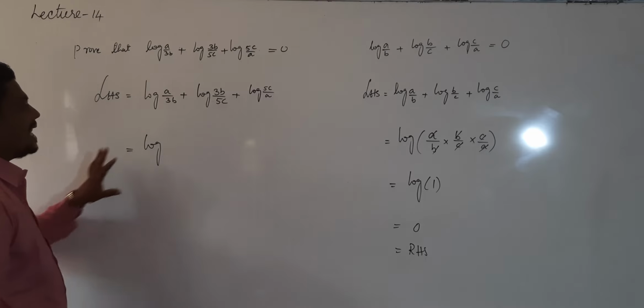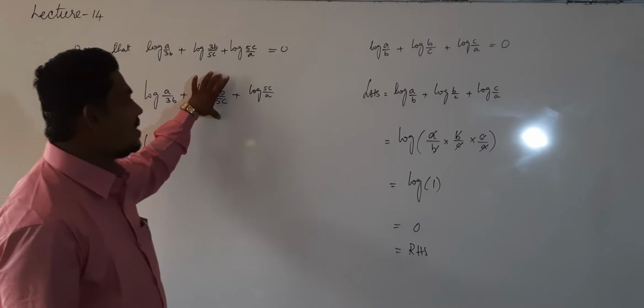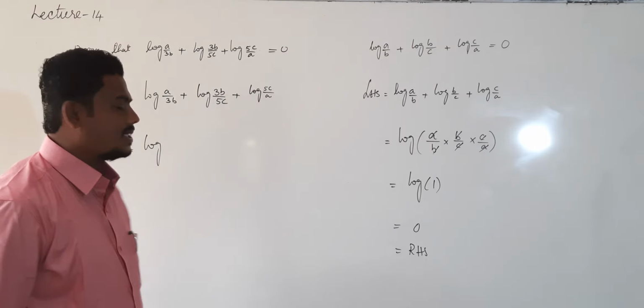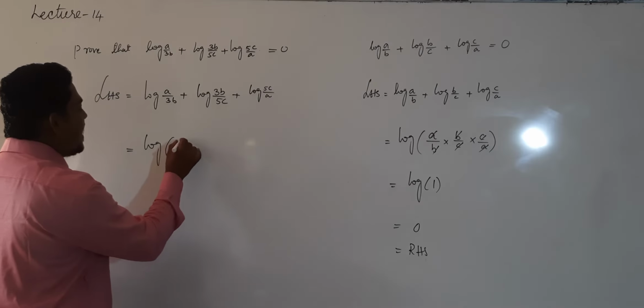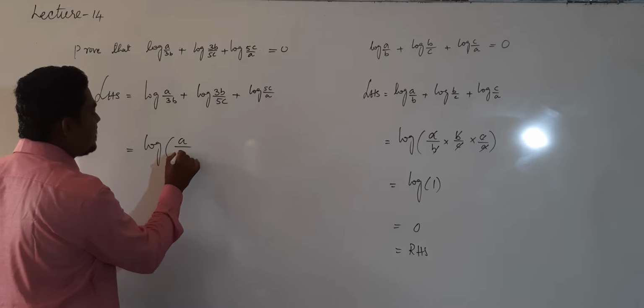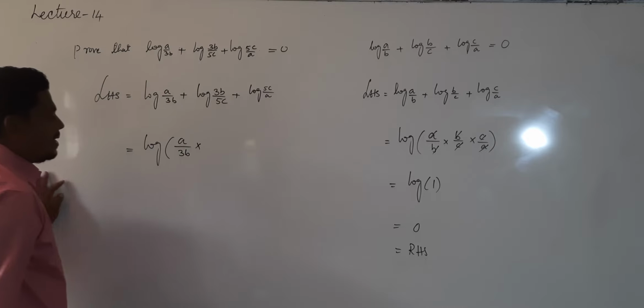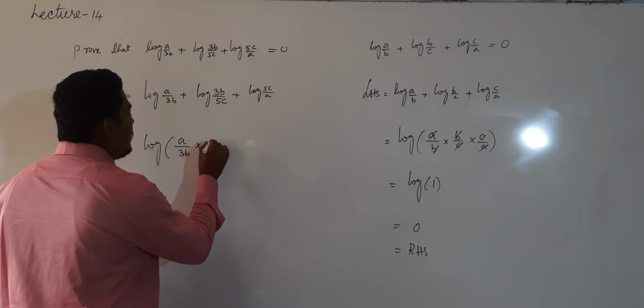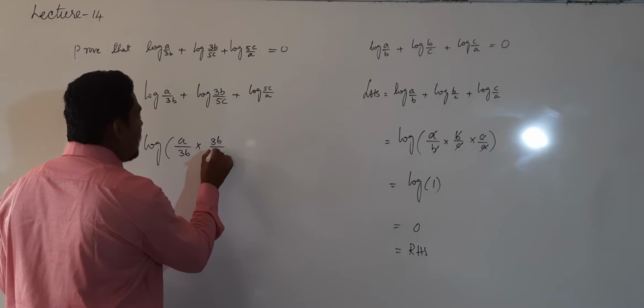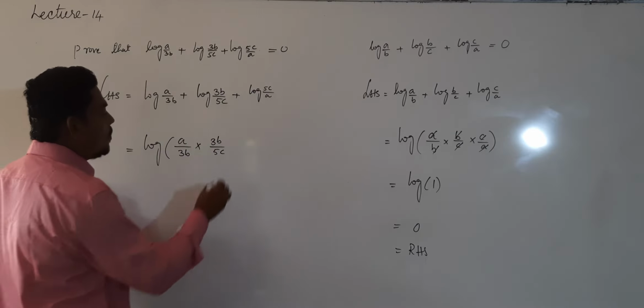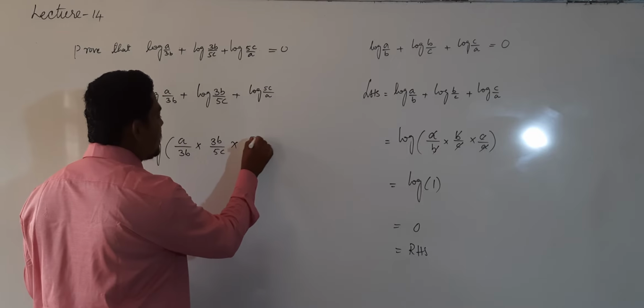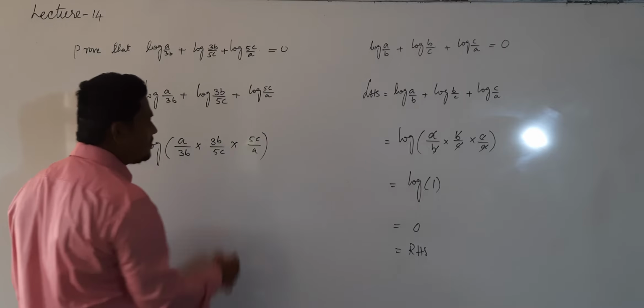It is like log m plus log n plus log p of same base. So log of m into n into p, what is m? M is a divided by 3b. N is 3b divided by 5c. What is p? P is 5c divided by a.